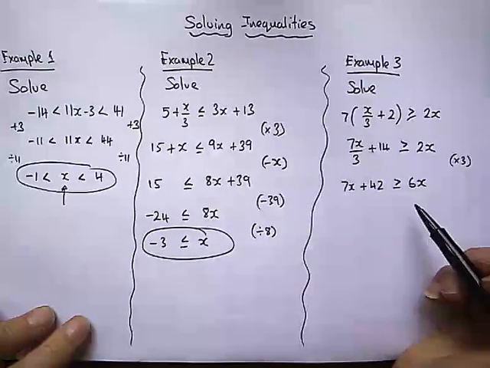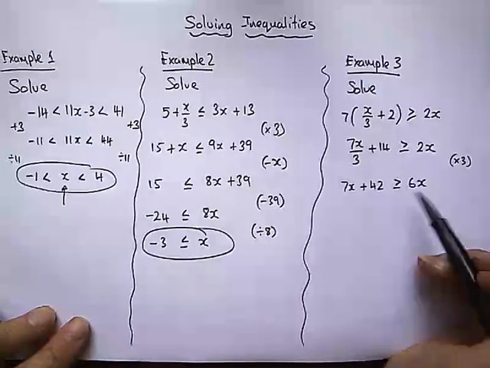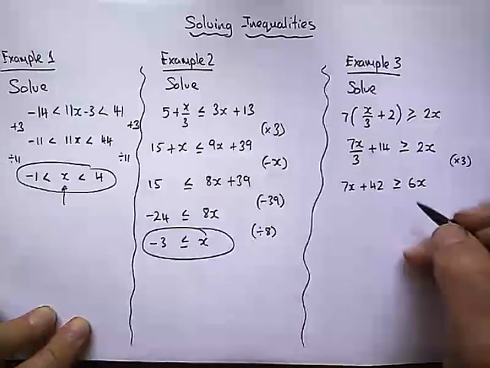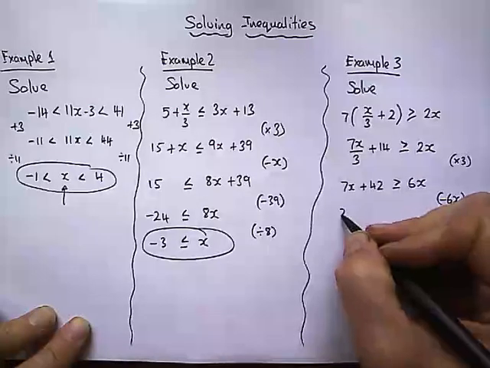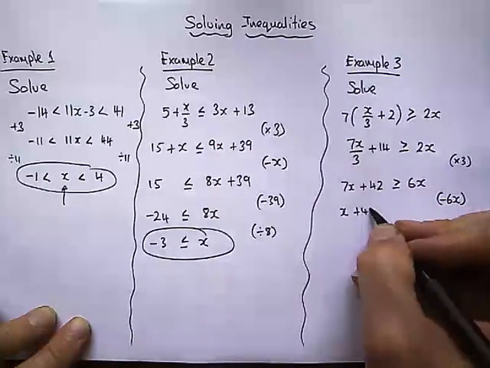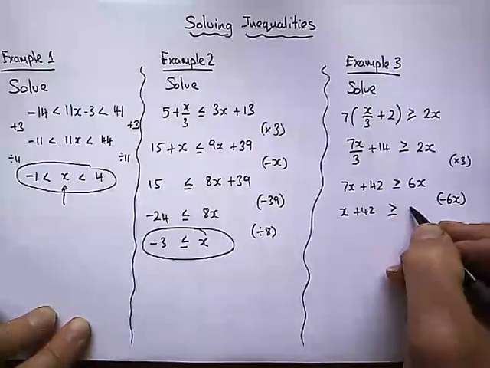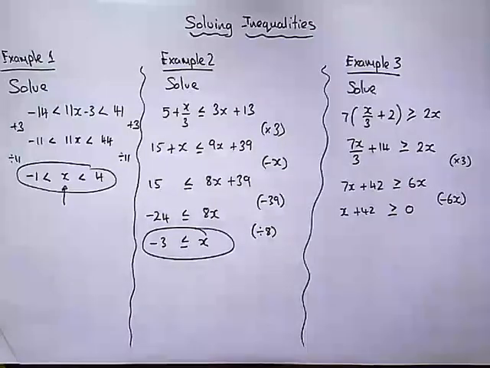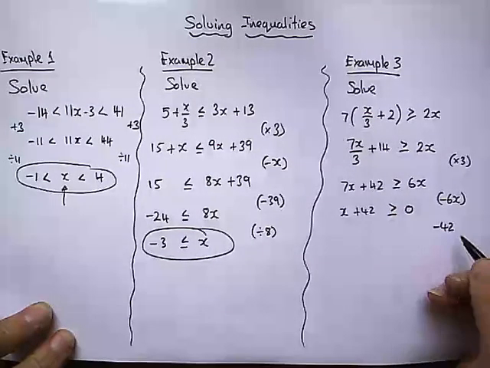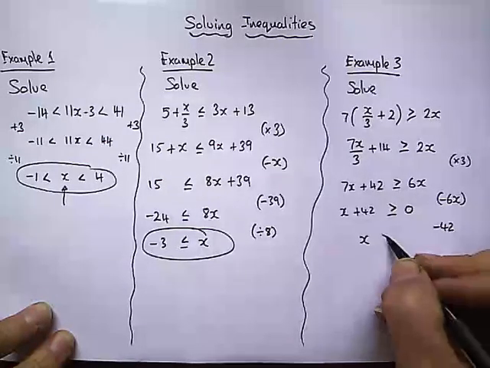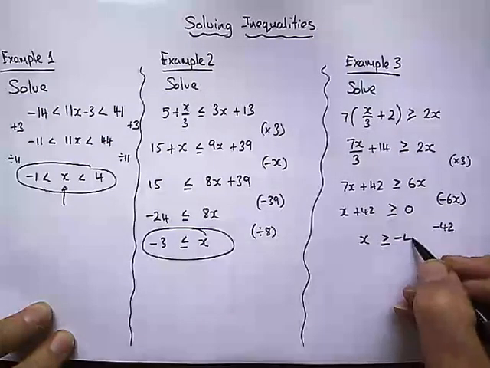I need to get the x's onto one side, so 6x is smaller than 7x, so let's subtract 6x from both sides. So we get left with x plus 42 is greater than or equal to 0, because the 6x's cancel out to make 0. And then we just subtract 42 from both sides, and we get x is greater than or equal to minus 42.